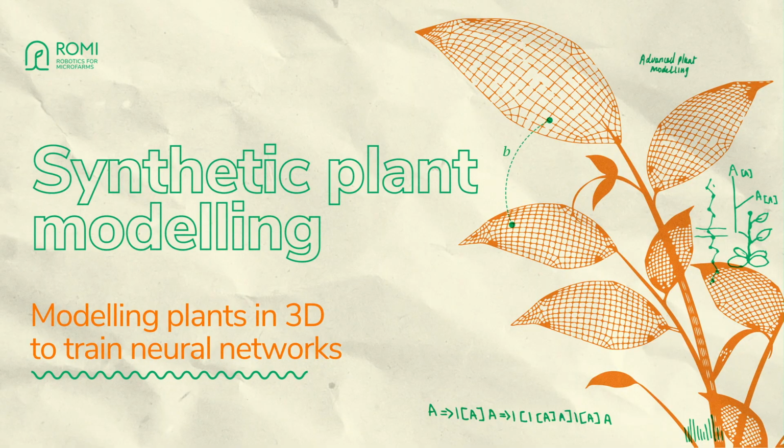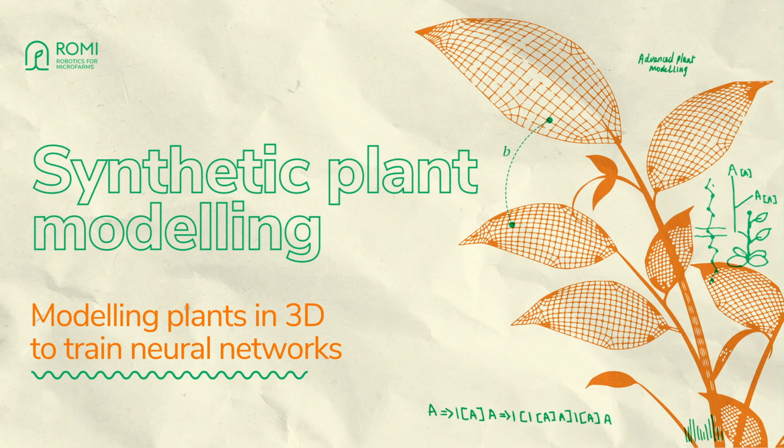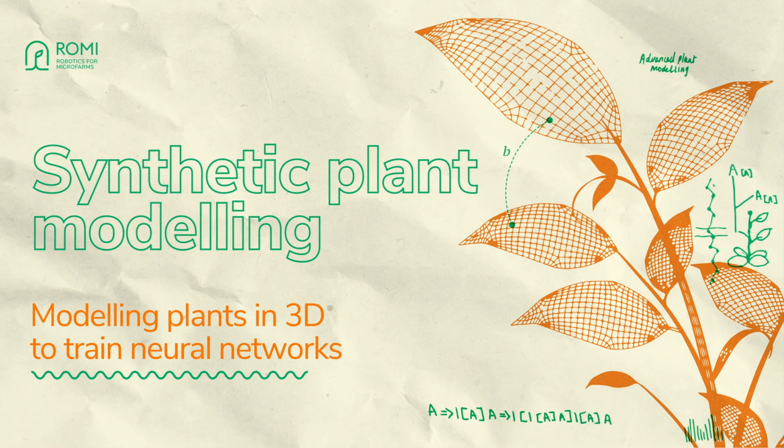At INRIA in Lyon in France, we were also looking at the virtual modeling of plants. This creates synthetic data sets that can then help us train machine learning algorithms to identify plants in the field or particular traits in real life.